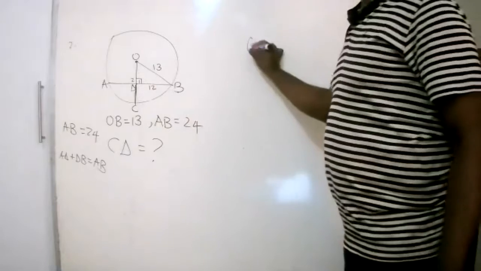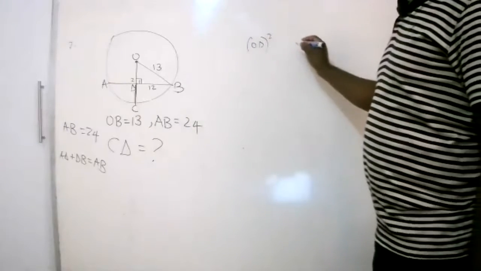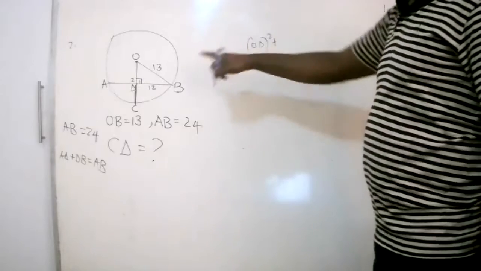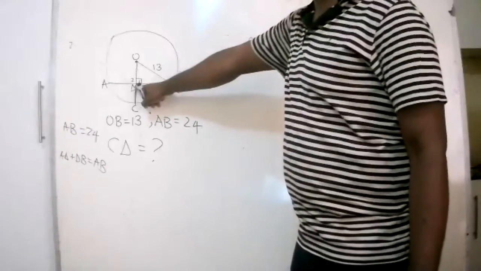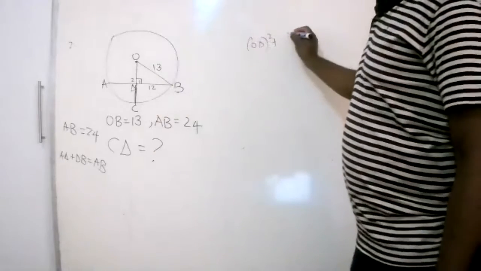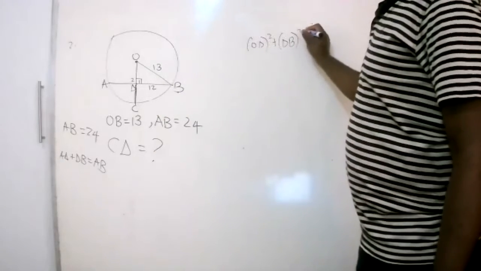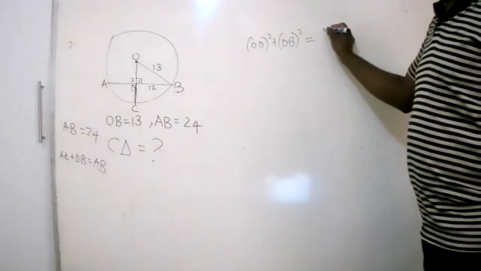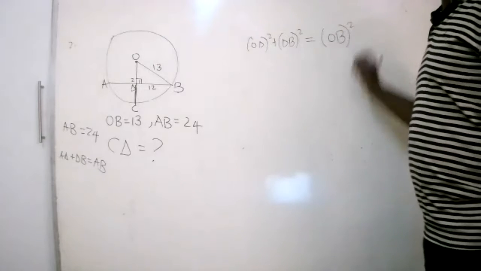OD squared plus DB squared equal to OB squared.